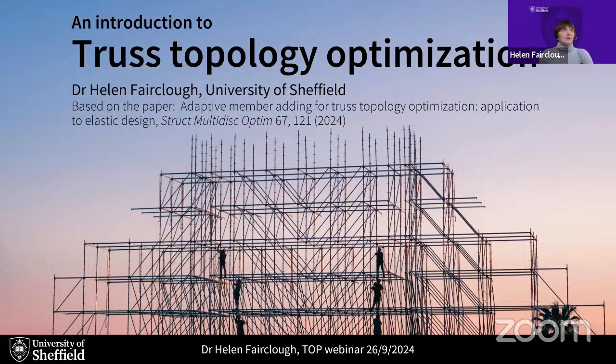But I'm going to start us off with an introduction to Truss topology optimization, and some of what I'm going to talk about is based on a recent paper that I've written specifically about applying this to elastic compliance design. But I'm also going to give a bit more of a general introduction as well. So it's not going to be limited to just that.